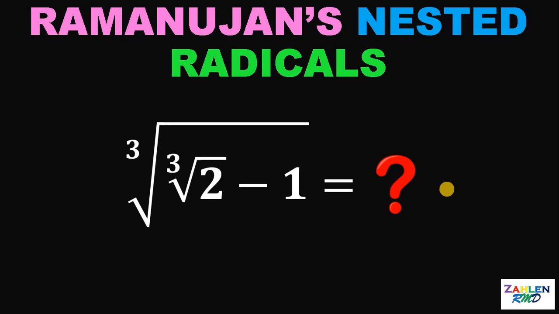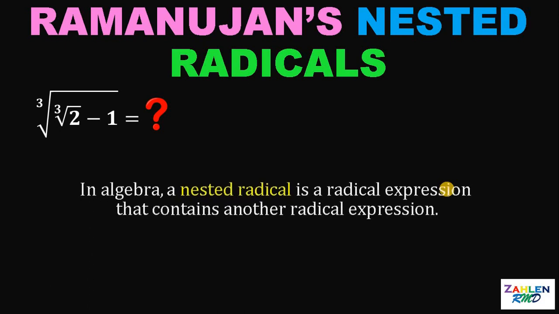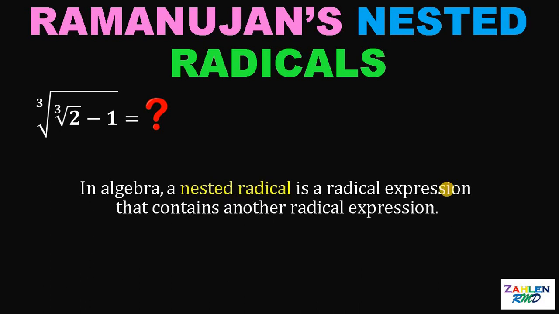Now the question is, what is a nested radical? In algebra, a nested radical is a radical expression that contains another radical expression, like cube root of 2 minus 1. And our goal in this question is to denest this radical expression. Now, what is denesting?